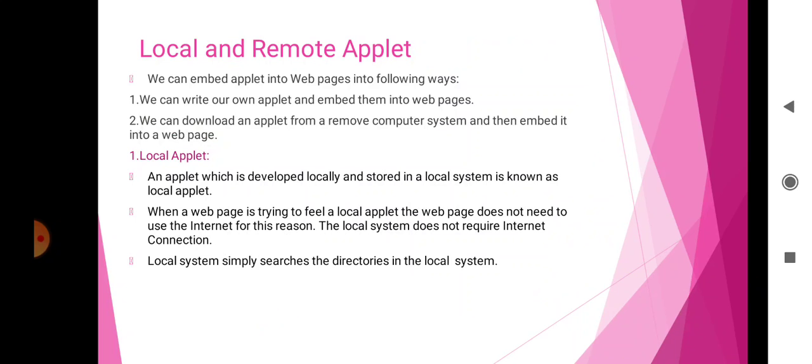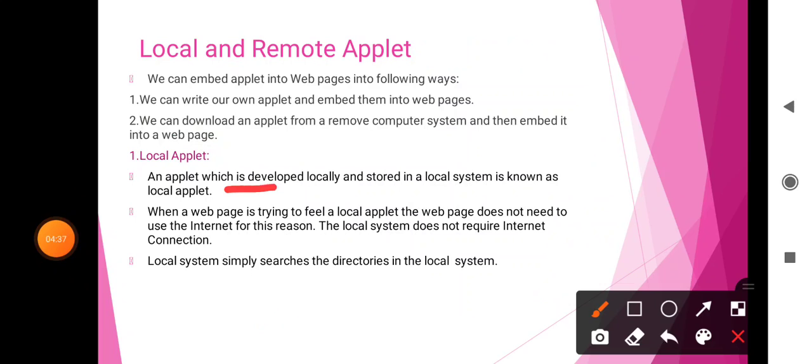An applet which is developed locally and stored in the local system is known as a local applet. When a web page is trying to find a local applet, it does not need to use the internet, and the local system does not require an internet connection. The local system simply searches the directories in the local system.